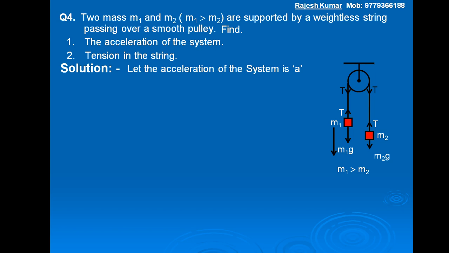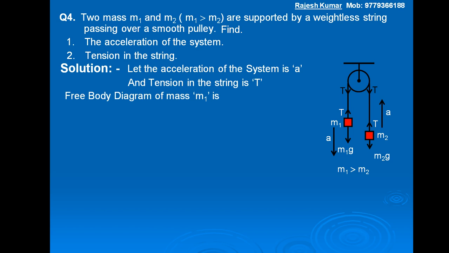The mass M1 acceleration is in the downward direction, and for mass M2 the acceleration is in the upward direction, and tension in the string is capital T. As already told, free body diagram of mass M1 is, this is mass M1.